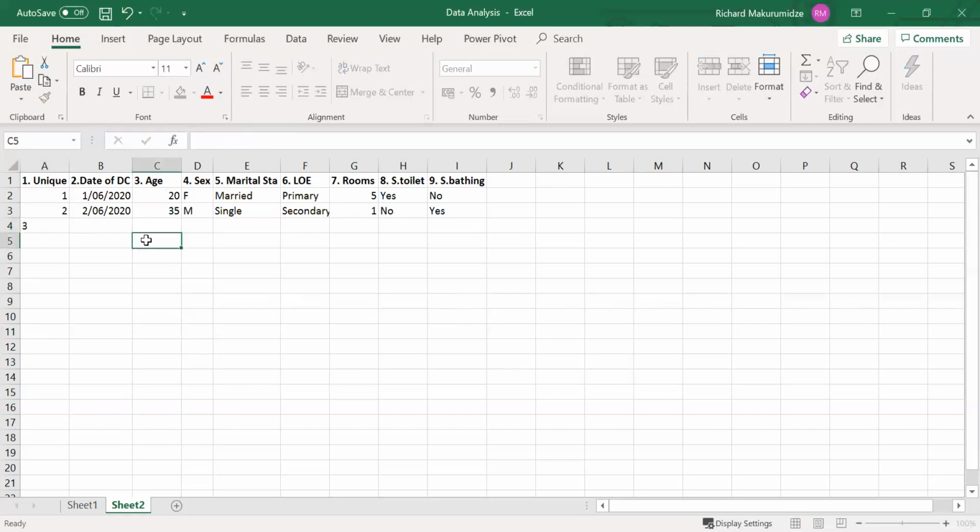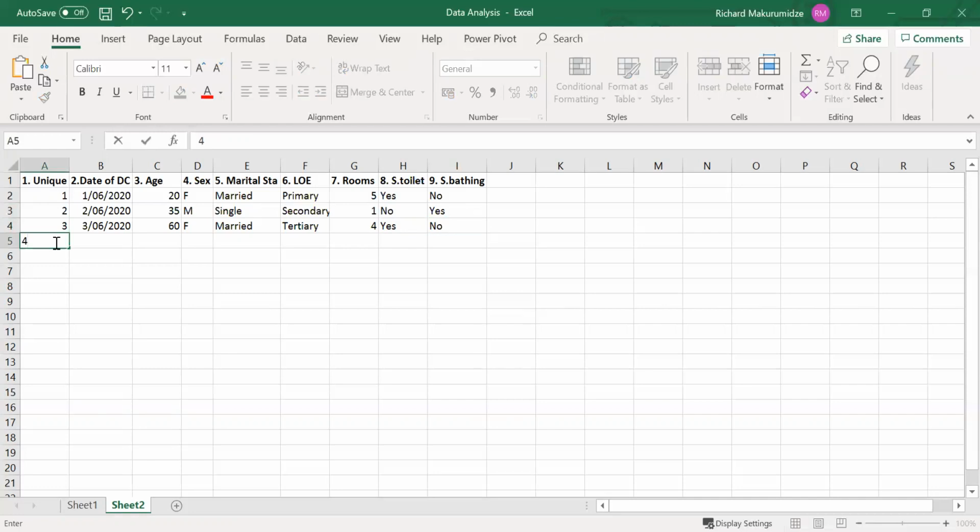Questionnaire number 3. I enter the date. Then the age, which is maybe 60 years. They were female. So I'm entering my questionnaires now into my database. Then they were married also. Their level of education maybe was tertiary, depending on what I was putting in. In number in a room, there were 4. Sharing toilet, yes. Bathing, no. Then I go again. Questionnaire number 4.